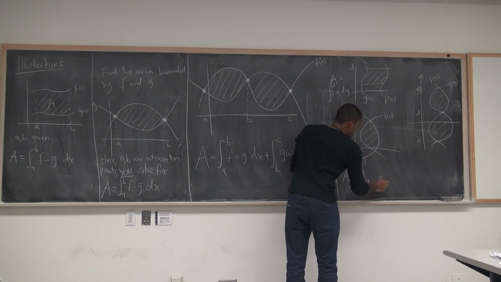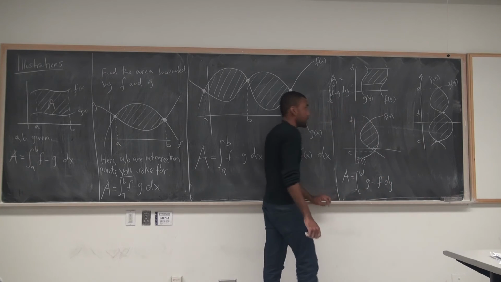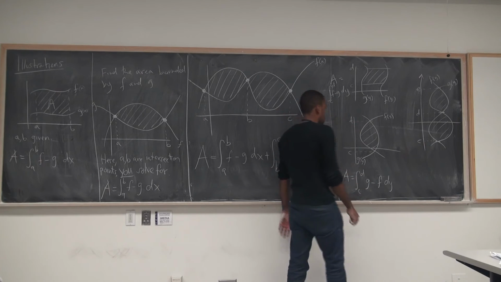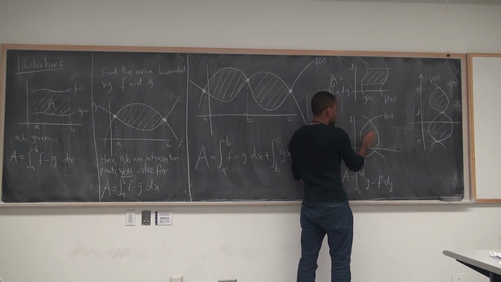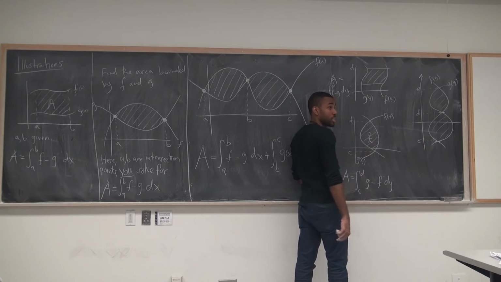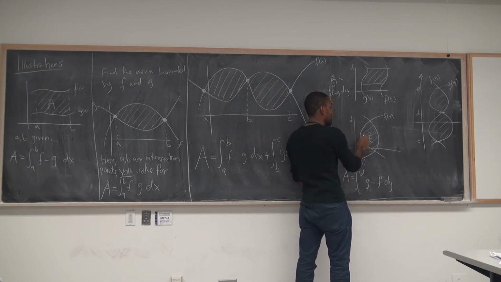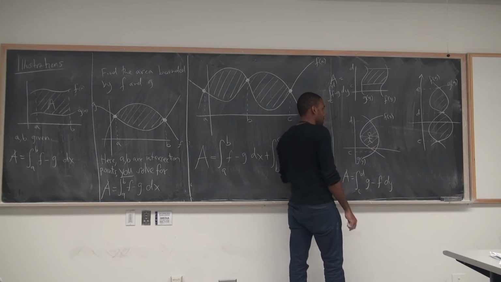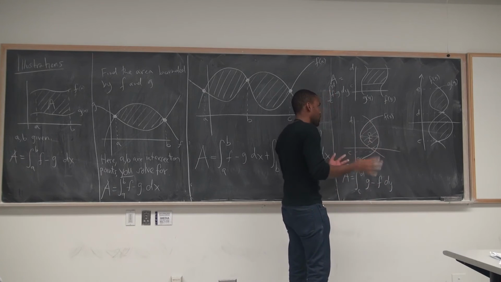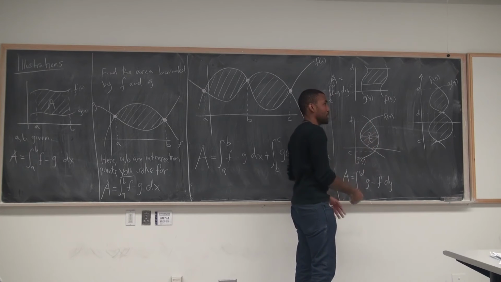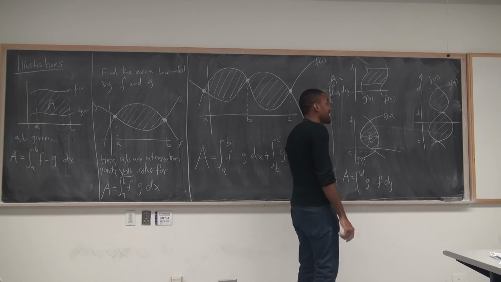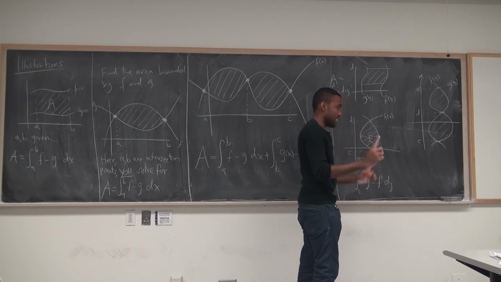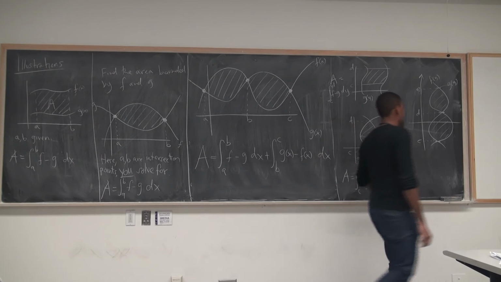G minus f dy. A little illustration that might help you. You can also imagine that there's a little man trapped in here. If he looks to his left side, what does he see? He's seeing the f function. If he looks to his right side, what does he see? The g function, right? Sometimes you might lose your orientation. You just have to pretend someone's trapped in there, and you look to your left or your right, or you look up or you look down, and you'll see the reasons for that soon.